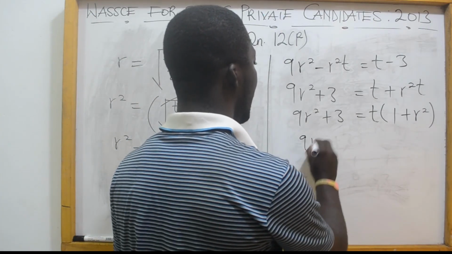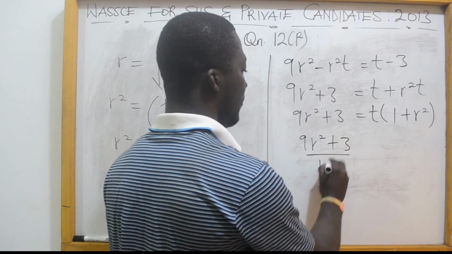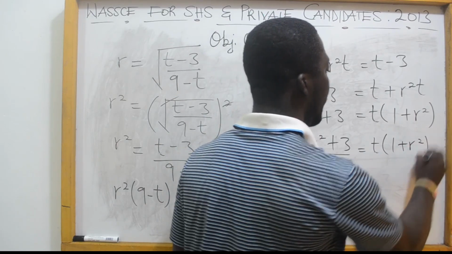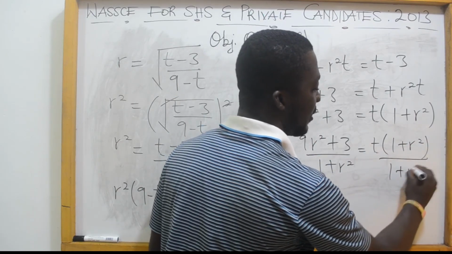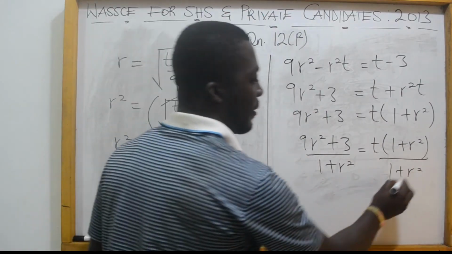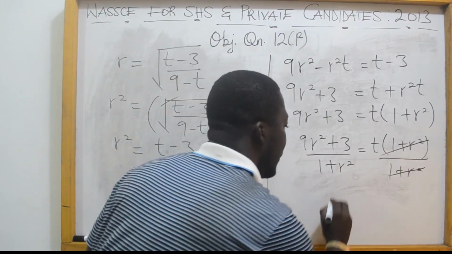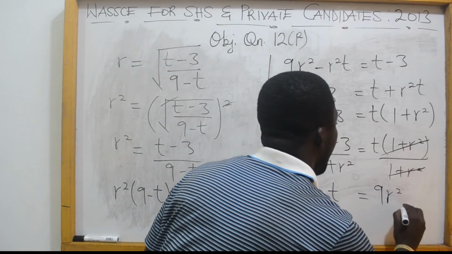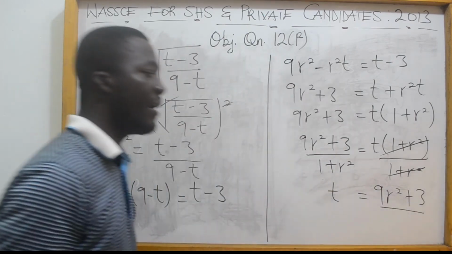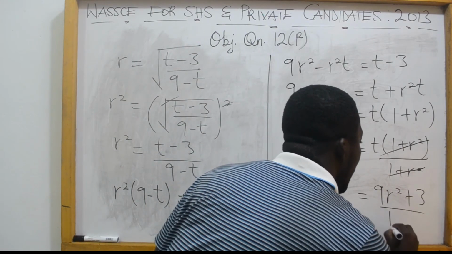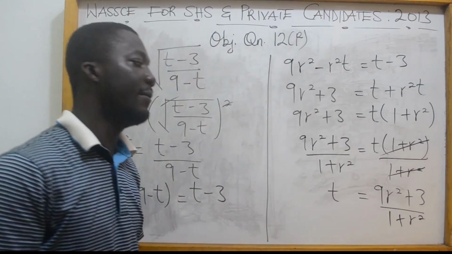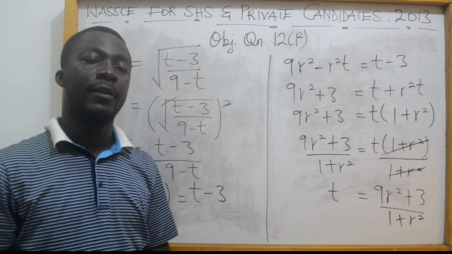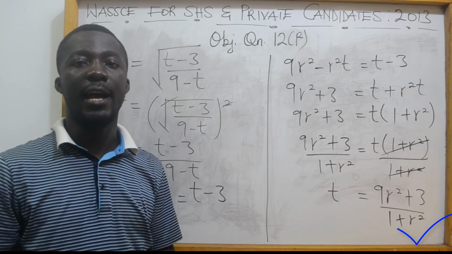We get 9R squared plus 3 over 1 plus R squared is equal to T times (1 plus R squared) divided by 1 plus R squared. This will cancel that, and T will be equal to 9R squared plus 3 divided by 1 plus R squared. So the value of T is 9R squared plus 3 divided by 1 plus R squared.